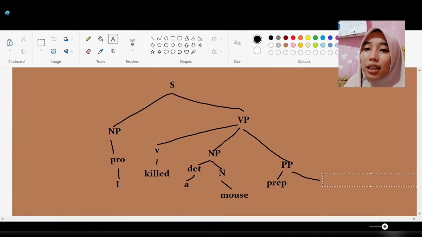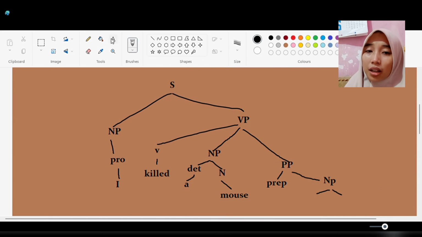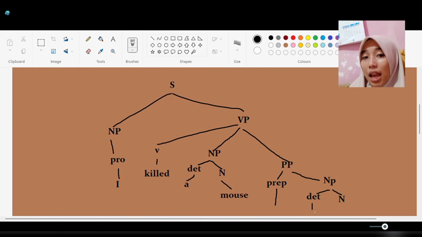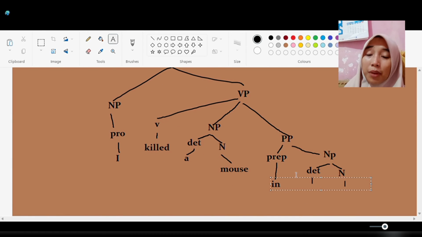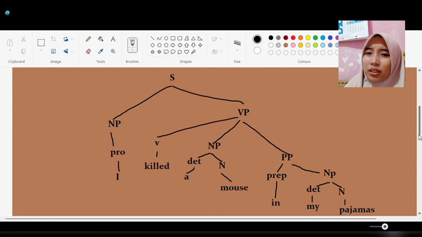It also has a determiner, a possessive, more specifically my, and then you have the noun pajamas. So this is basically what the tree structure is going to look like for both of these meanings. But it's all about where we connect this prepositional phrase to disambiguate the meanings.